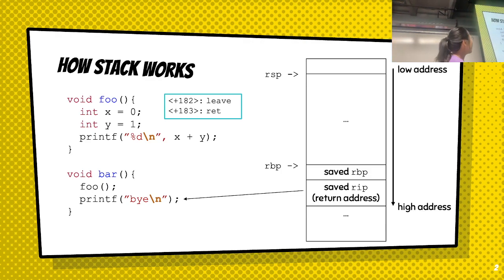Okay, so let's consider the scenario. In this case, we are at function foo now, and function foo is just about to return. Function foo was called by bar. So function bar calls function foo, and the stack on the right-hand side is the current stack frame for function foo.